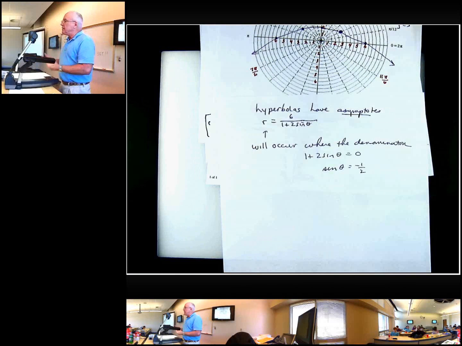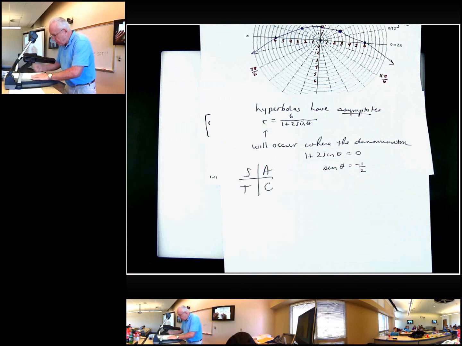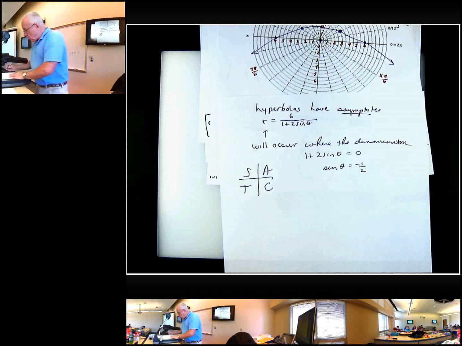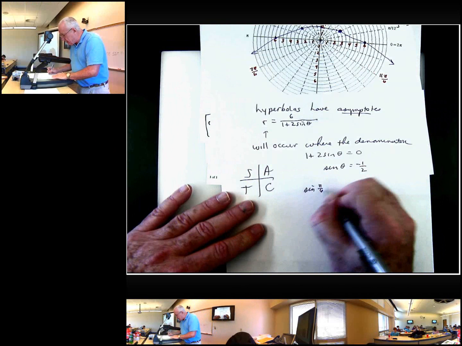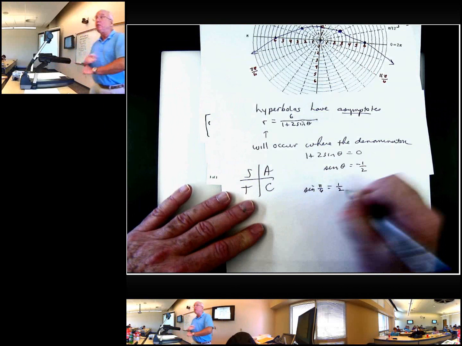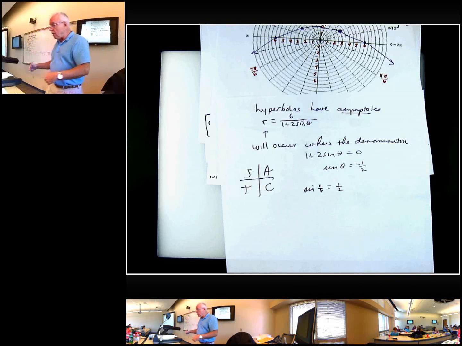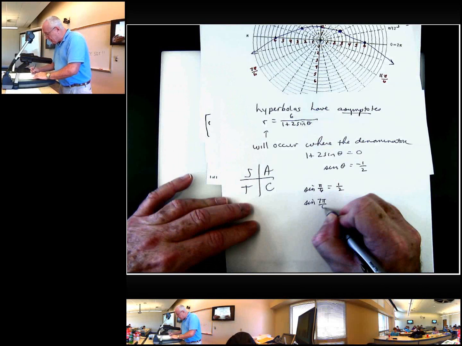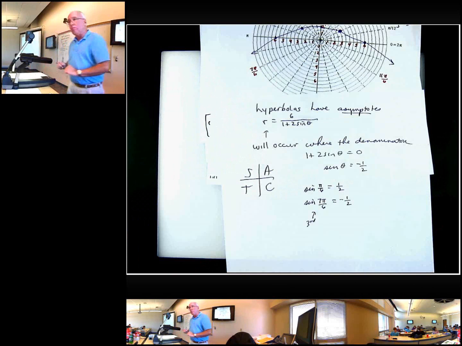Okay, so when does the sine of theta equal a negative 1/2? It's going to be either in the third or the fourth quadrant, right? Well, the sine of pi over 6 is equal to 1/2 in the first quadrant. So we have to go to either the third or the fourth quadrant. So it's the sine of 7 pi over 6 that's in the third quadrant, that's going to equal a negative 1/2.